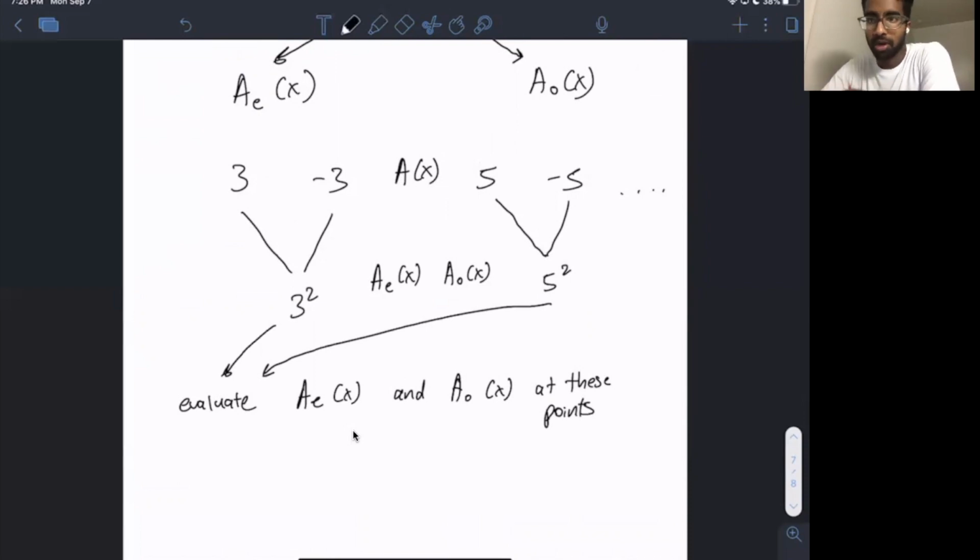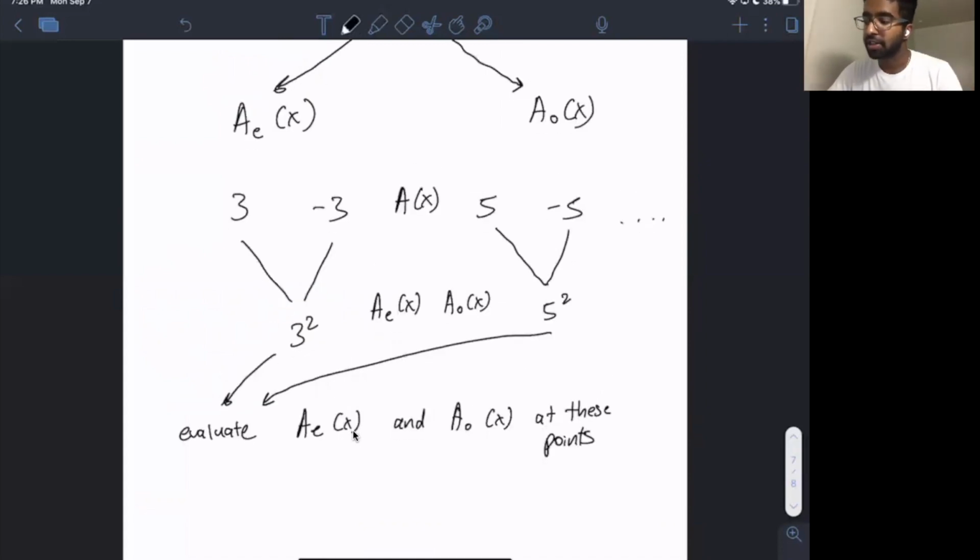But there is one problem though. We want to divide and conquer all the way to the base layer, right? We can't just do one layer, going from A of x and splitting it up once. That's not how divide and conquer works, right? We want to divide and conquer until we hit the smallest building block problem.